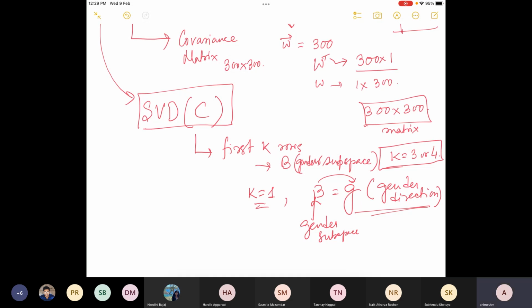See, I have explained to you through pictures. You should now try to imagine things through pictures. This is nothing but simple vector algebra and some of the things that I have taught you in the last class.